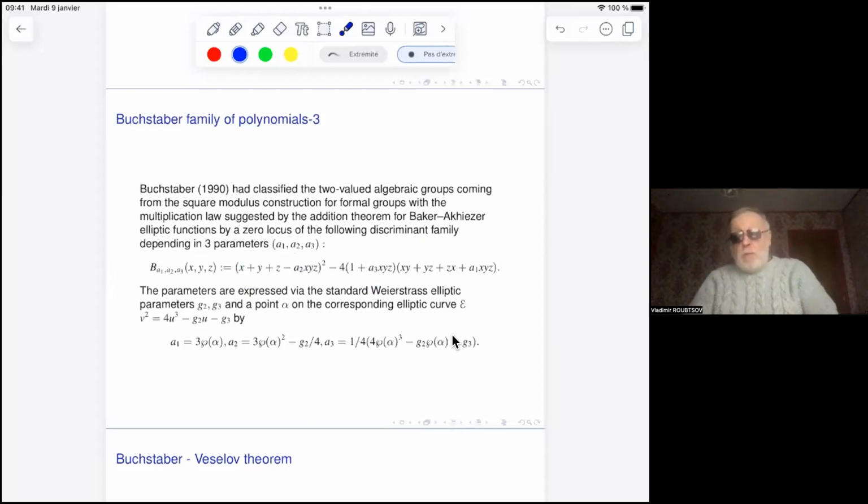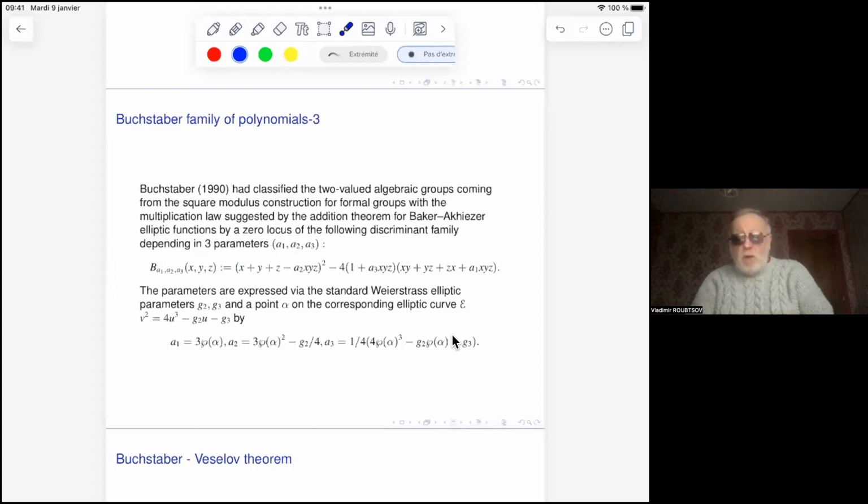Then Buchstaber also proved that these parameters are not arbitrary, but are parameterized by some elliptic curve, which in the standard Weierstrass presentation is written like v squared equals 4u cubed minus g2 u minus g3, with modular parameters g2 and g3. My parameters A1, A2, A3 should be related to this curve in the following way.